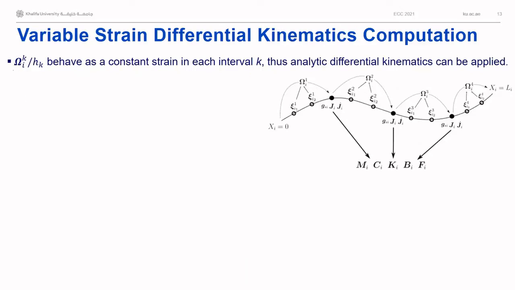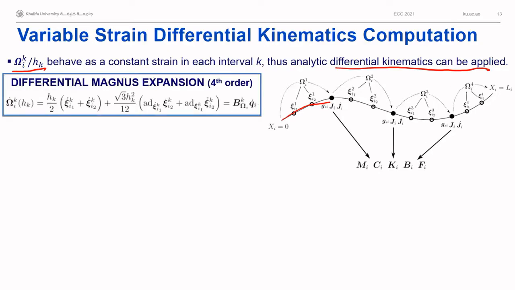Furthermore, we notice that this quantity, gamma over h, where h is the length, let's say, of an interval, behaves as a constant strain in each interval. So we can again use the analytic differential kinematics that we use for the constant strain case. To do so, we need to take the time derivative of the approximated Magnus expansion.